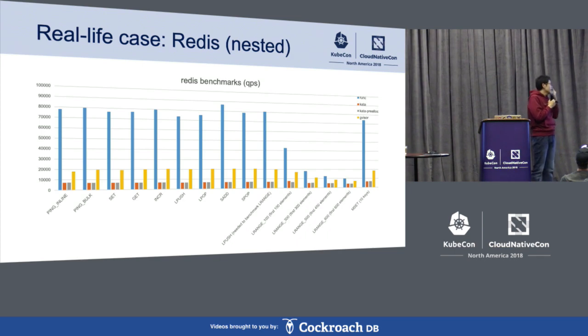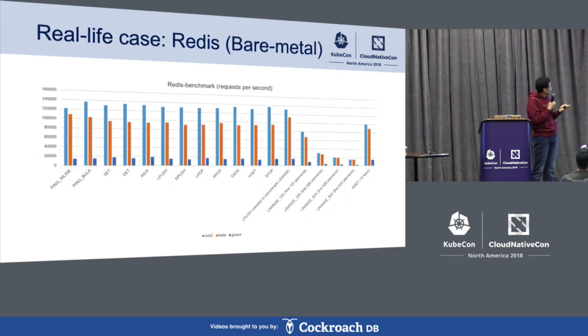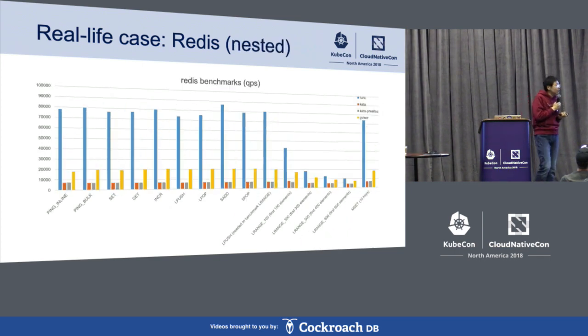So, go back, come again. This shows that in the VM, in nested virtualization, we may have some performance penalty on the memory part for Kata, and a performance penalty on the networking part for gVisor.